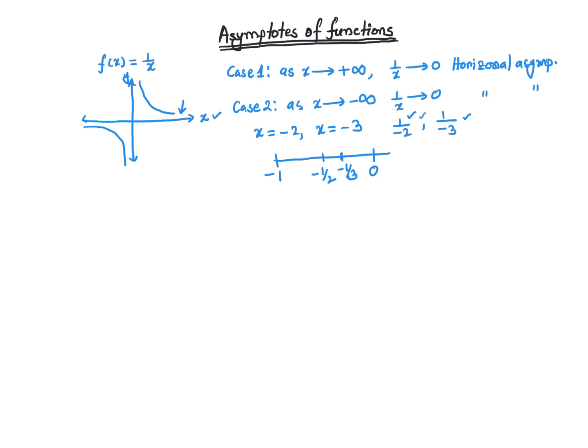Actually, negative 1/2 is smaller than negative 1/3 because it is to the left of negative 1/3 on the number line. Remember, on the number line, if a number is to the left, it is considered smaller. If it is to the right, it is considered bigger.